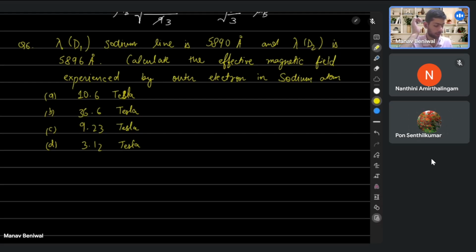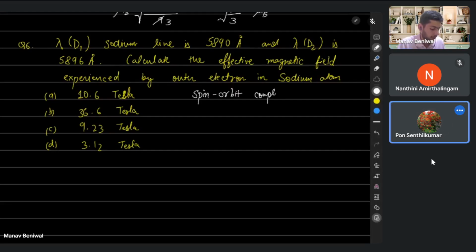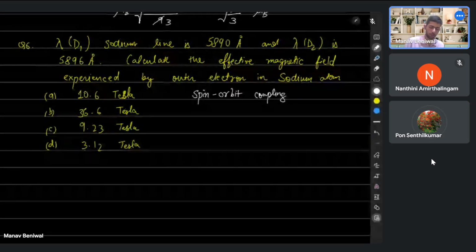Now, if you remember from the class, why do we get these two lines from sodium? This comes because of spin orbit coupling. So our spin of electron and the orbital motion of electron, both of them get coupled. Okay, and that is known as spin orbit coupling.